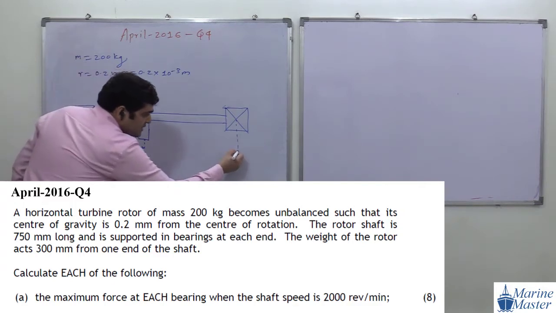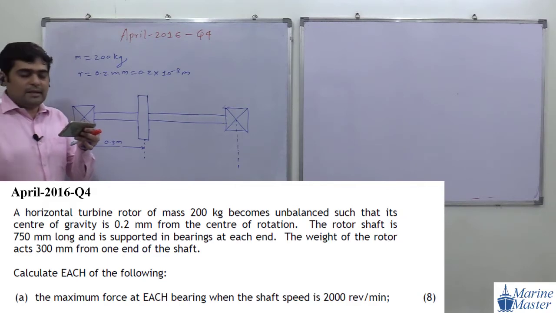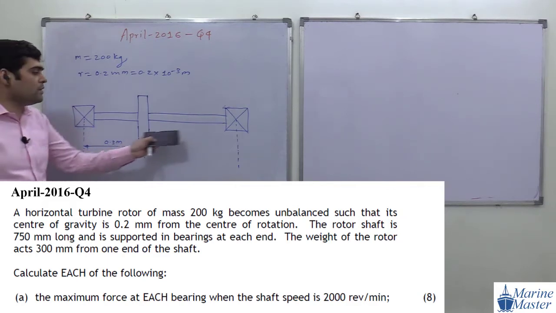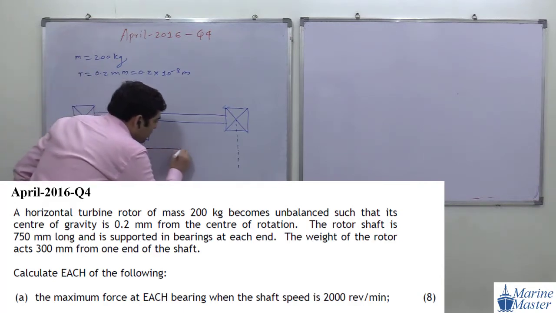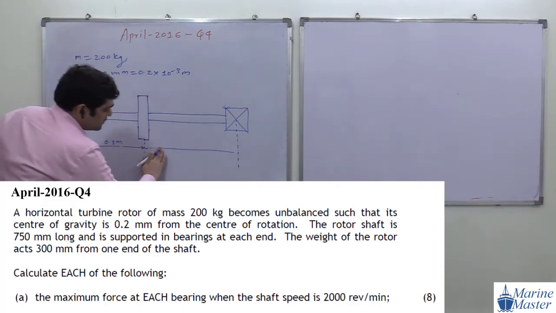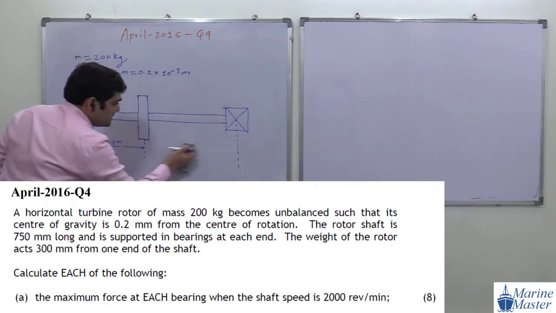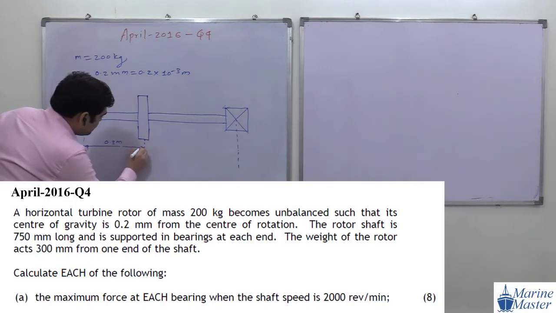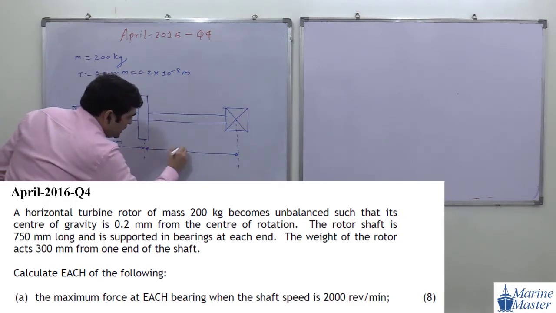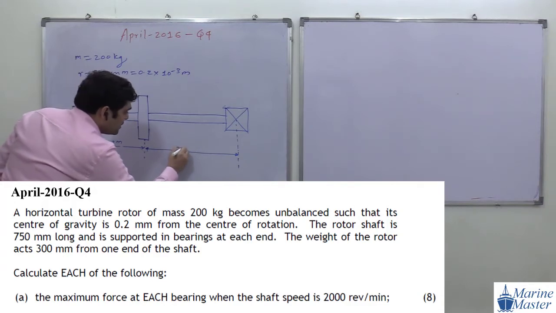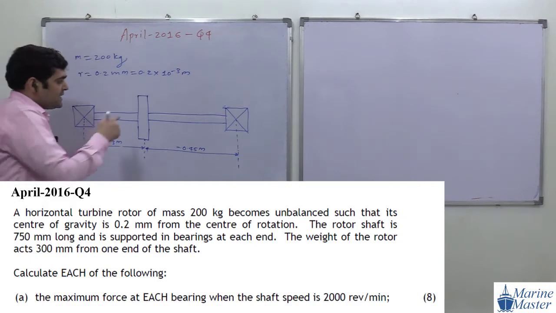The total shaft is 750 mm, so the remaining distance will be 450 mm. And 450 mm means 0.45 meter.